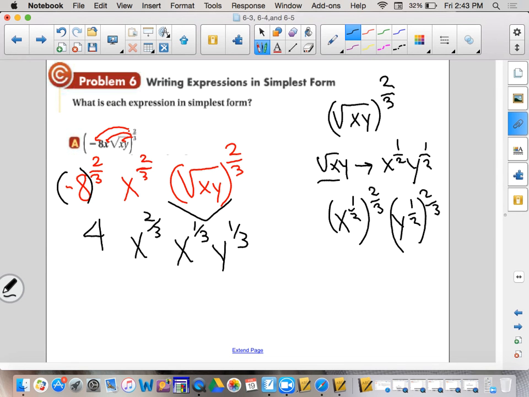You've got to put it in parentheses. So is there anything that I can combine right here to simplify? Your x's right here. We can combine those. So if I'm multiplying the x's together, what am I going to do with the exponents? Add them. So it's 2/3 plus 1/3, which is 1. And then I have y raised to the third.